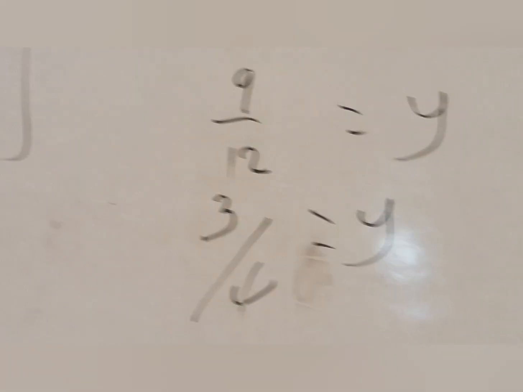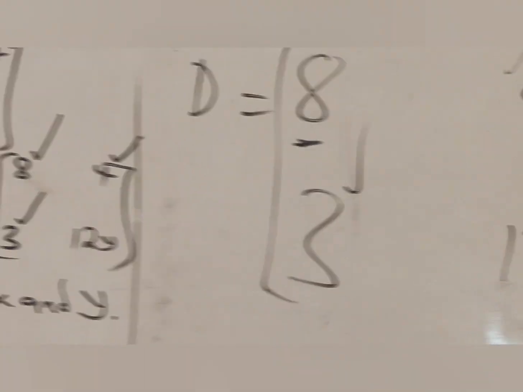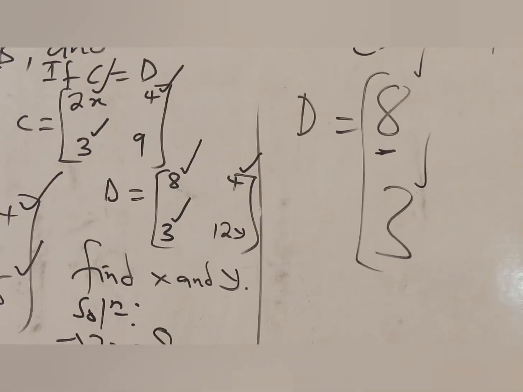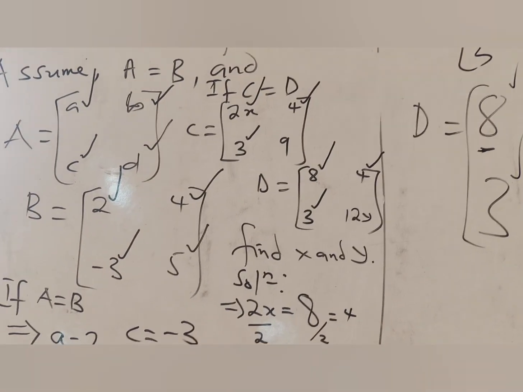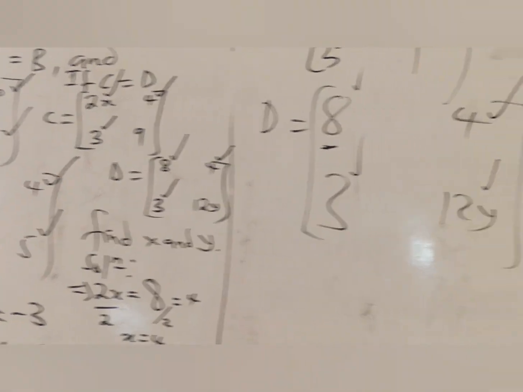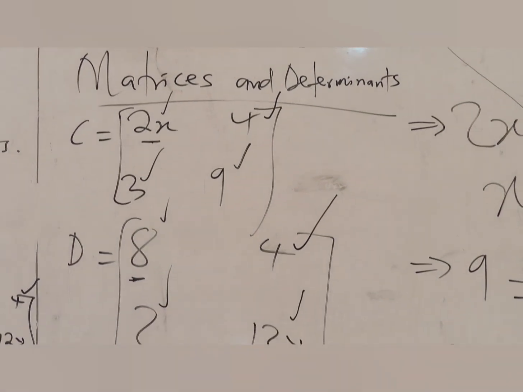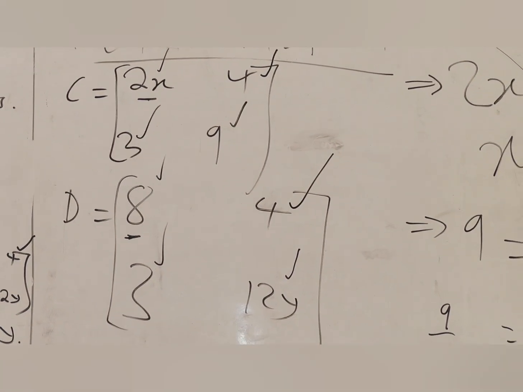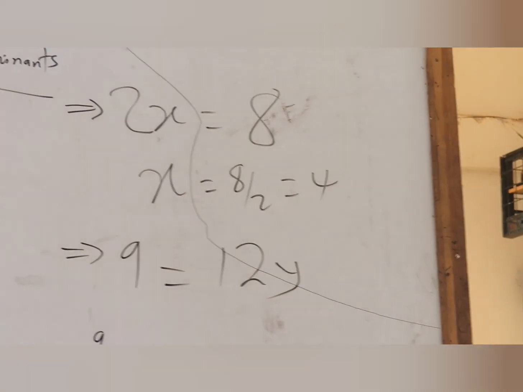So now let's see how we multiply 2 matrices. So multiplication of a matrix by another matrix. That's the next step.